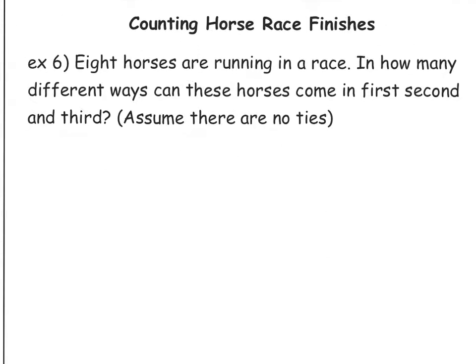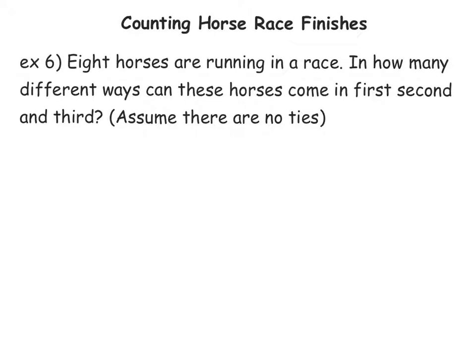All right, say we're watching a horse race. You have 8 horses in the field, and how many ways could those horses come in first, second, and third? Now this one gets a little interesting, because if we just went off the permutation definition, we'd go 8 factorial, which is how many different ways they could finish first all the way down to 8th. It'd be a lot of different ways. This problem isn't concerned with places 4 through 8.